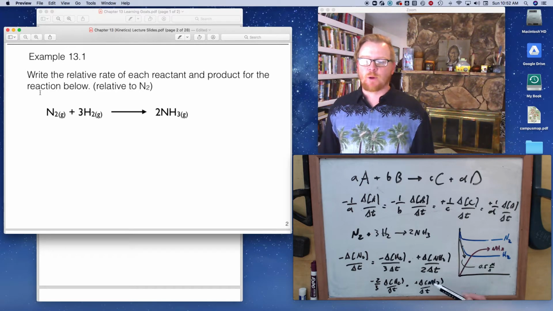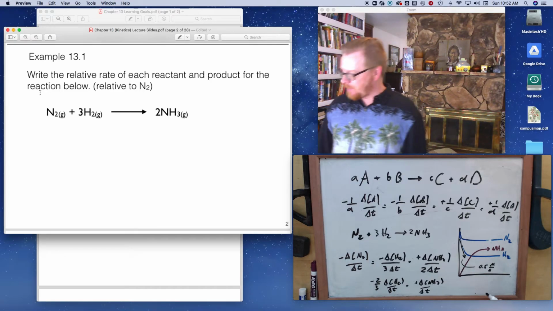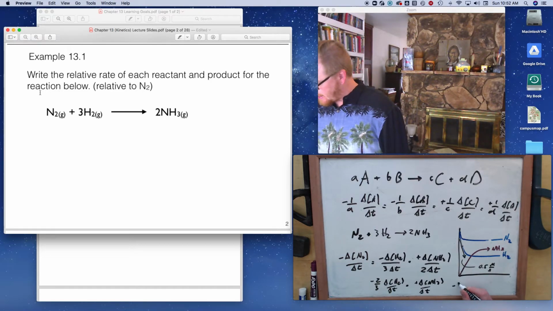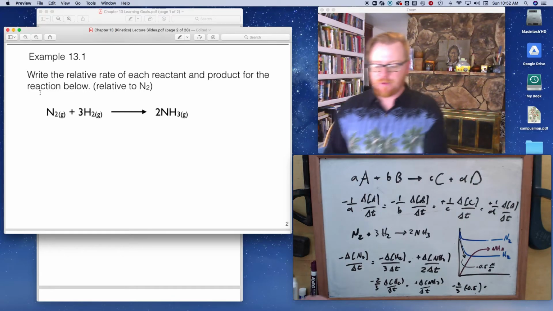For example, suppose I wanted to know, based on what the hydrogen rate is, what the ammonia rate is. So I could say negative 2/3 times, and of course, excuse me, that's a negative rate there, so a negative negative makes a positive. So it would be negative 2/3 times negative 0.5.